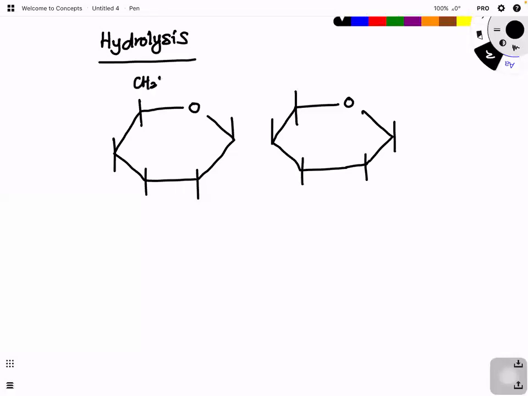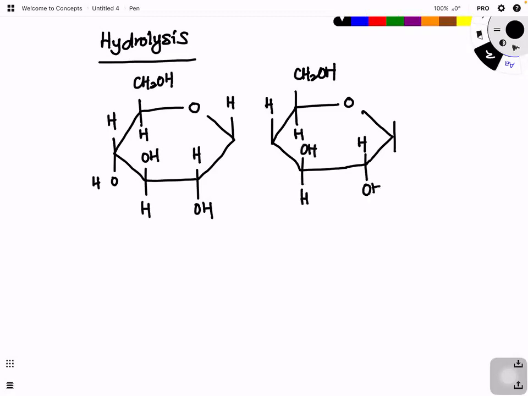So we complete the diagram: CH2OH, H, OH, H, OH, H. So alpha, right? So OH below the rings. Okay, so glycosidic bond here. So this is a molecule of maltose.